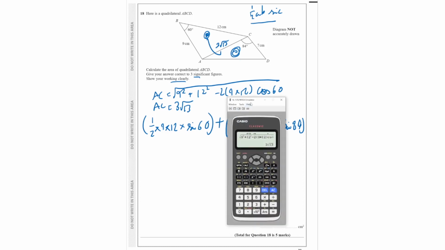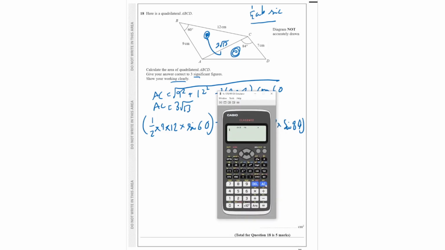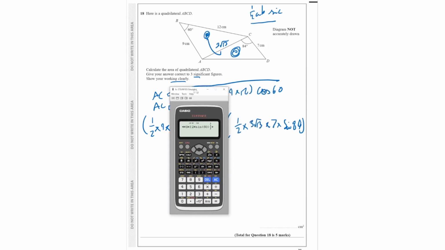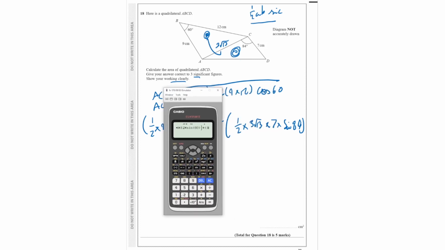So, if we pull up our calculator and find this answer, it should be 1/2 times 9 times 12 times sine of 60, close the brackets, plus 1/2 times 3 root 13 times 7 times sine 84.